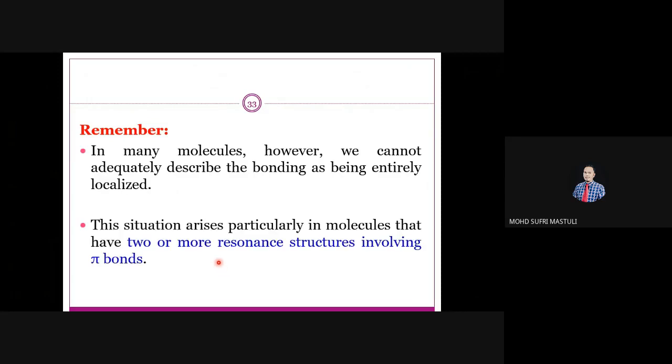So most molecules with resonance structures can have delocalized pi bonding. So we will go into detail with the particular example of benzene. We try to understand the delocalized pi electron in benzene.